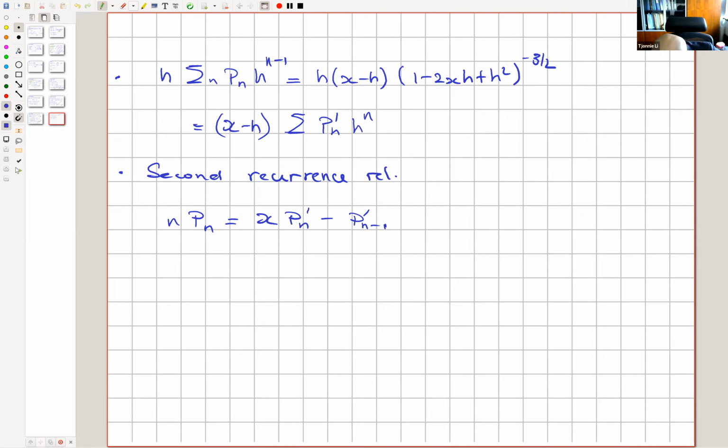This one h x minus plus 1. This is plus 1. Yeah, I think this should be okay. Anyway, if there's a typo, then I'll fix it.